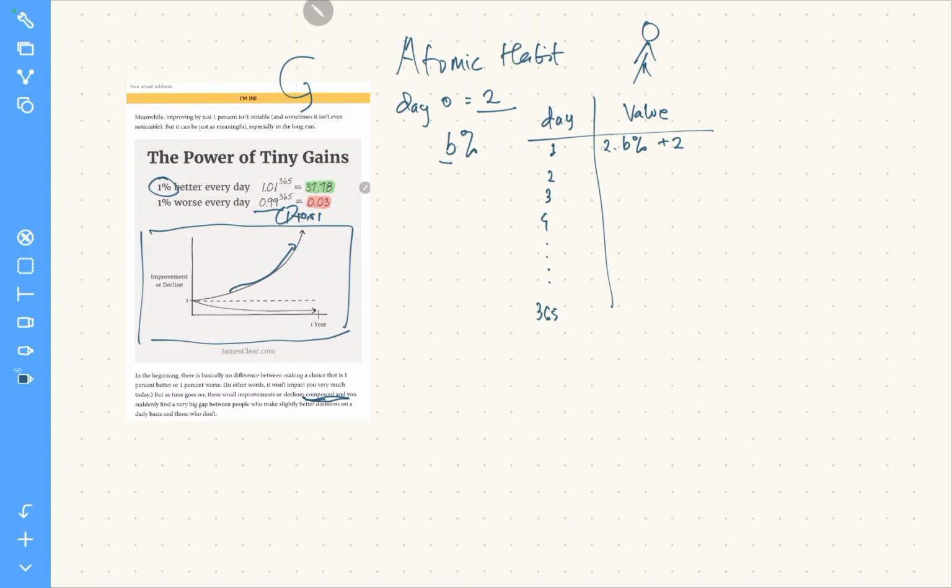As you see, this is math, and you can take out 2 because they have the same coefficient. So take 2 and you're just left with B plus 1. And this is your day 1 value of yourself.